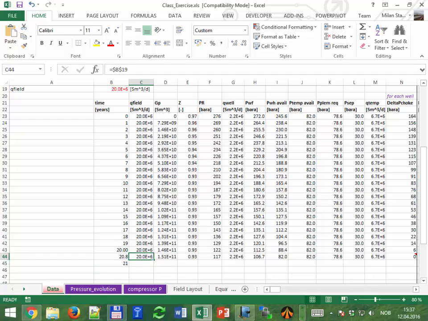Okay. The rate, we want to keep the plateau rate because we have this contract, then the cumulative production also is going to be calculated the same way. The deviation factor, this is actually using what?